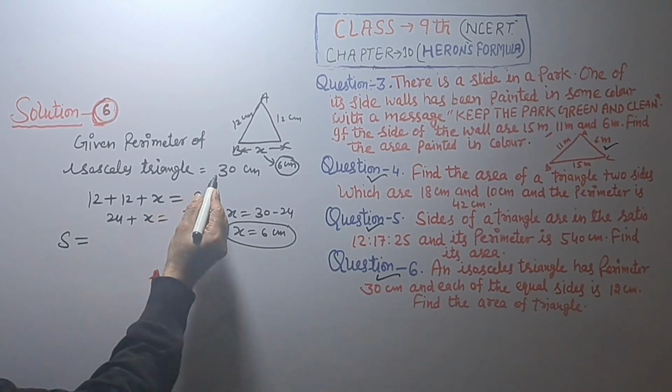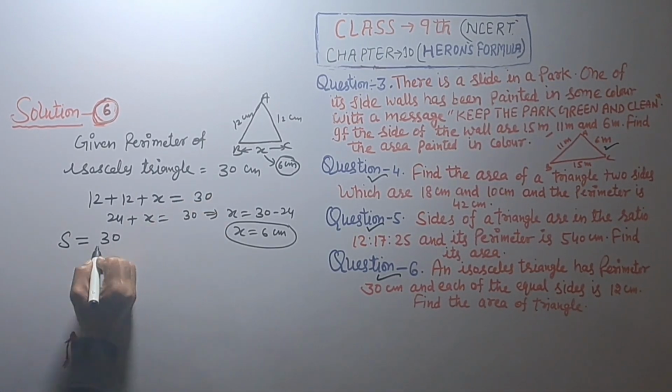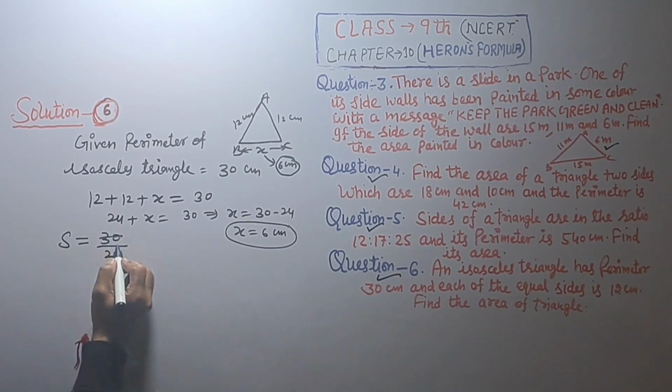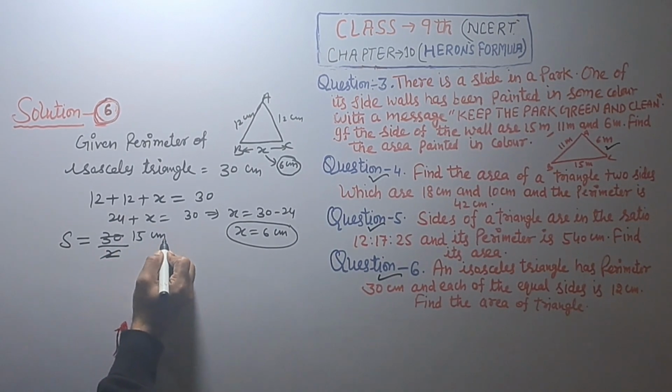S is equal to half of perimeter 30, that is 15 centimeter.